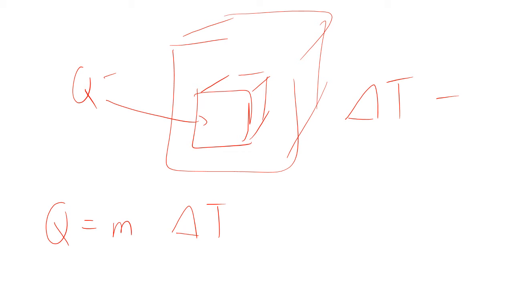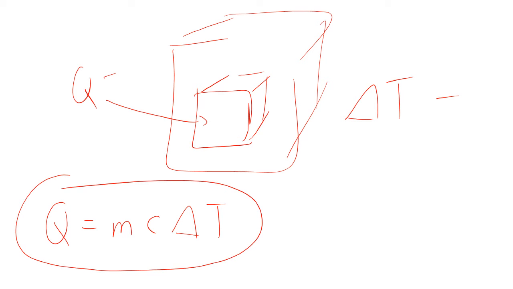All this sort of stuff has to be included in there. And so that comes in here as specific heat. Okay, so that little c right there means specific heat. And so this is a property unique to the material. Each material has its own specific heat.